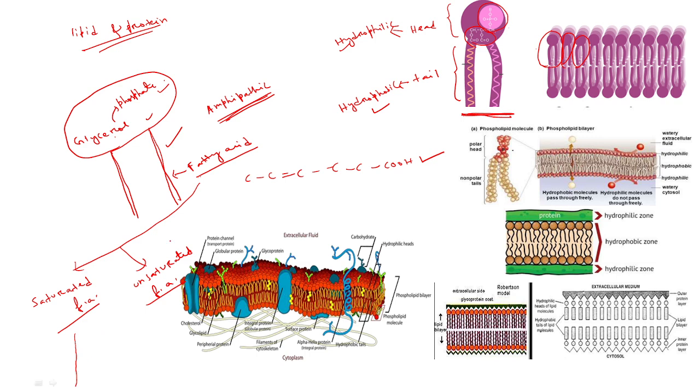But in the unsaturated fatty acid, because of the presence of the double bond, it bends somewhere, or it is called a kink, K-I-N-K, kink. What is a kink? That means simply the bending. That means if the saturated fatty acid is present in the lipid, then it looks like this. If one unsaturated fatty acid is present, then it looks like this, or it is designated as this.